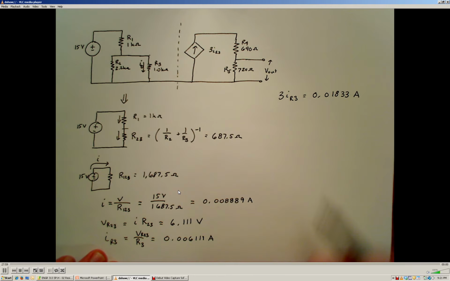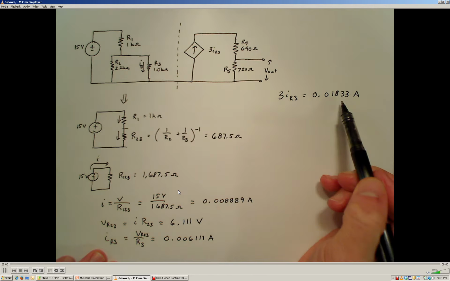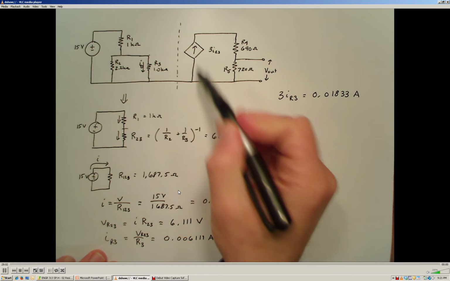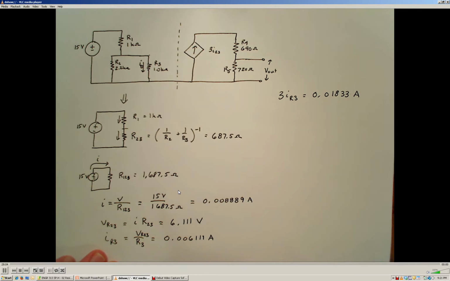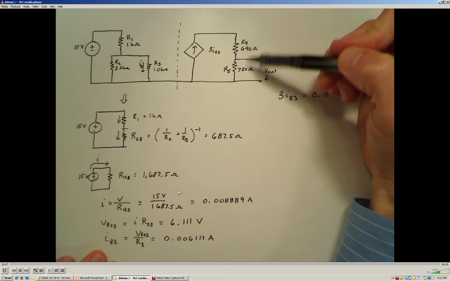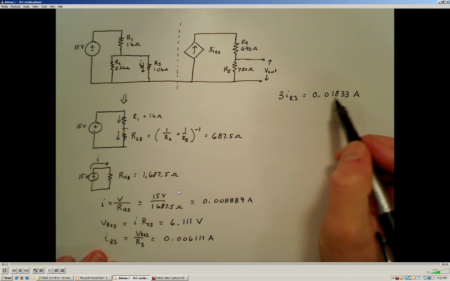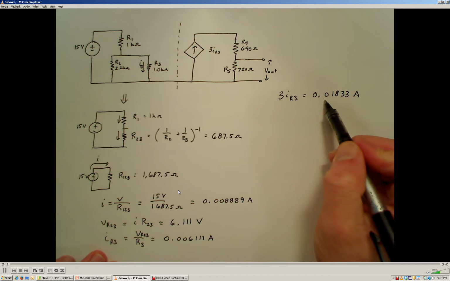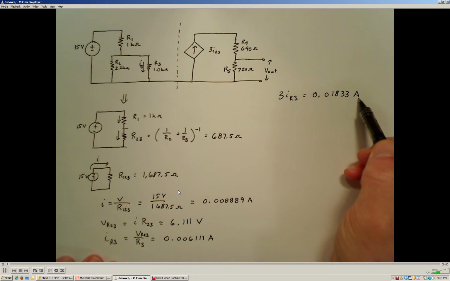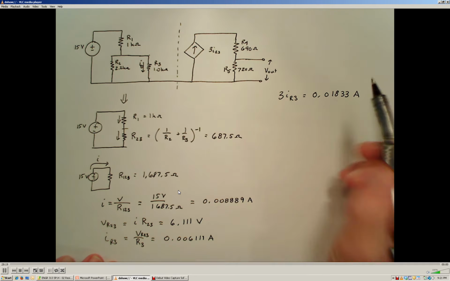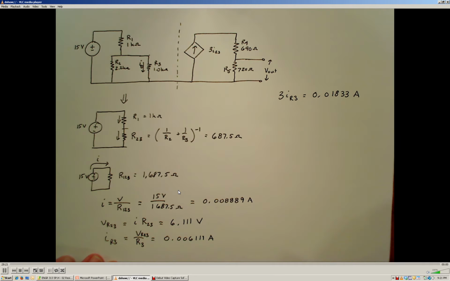Now we know how much current is being supplied to this loop. R4 and R5 are in series with each other, so both R4 and R5 will have a current of 18.33 milliamps passing through them.